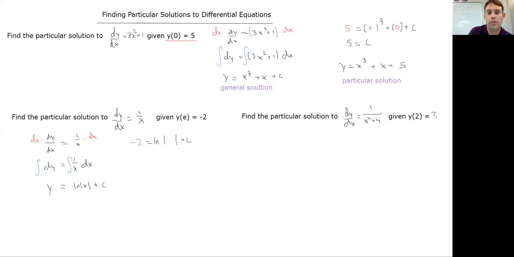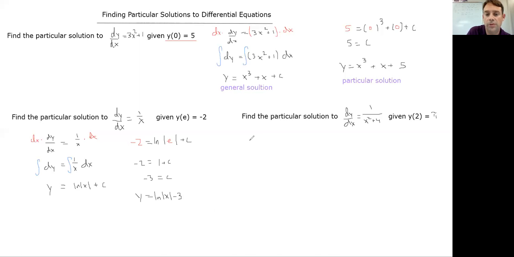So we're going to figure out what that value is for c. The natural log of e is just going to be 1. So that means I end up with -3 equals c. So my particular solution then is y equals the natural log of the absolute value of x minus 3.